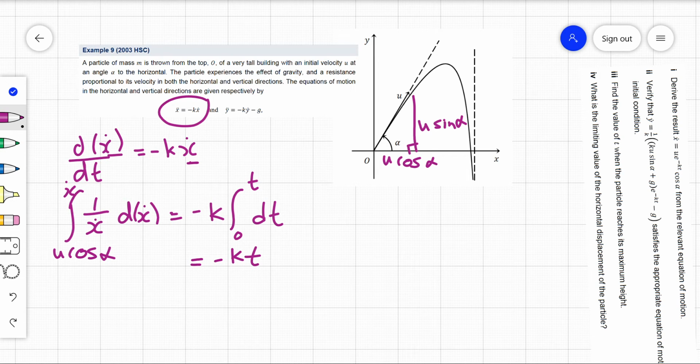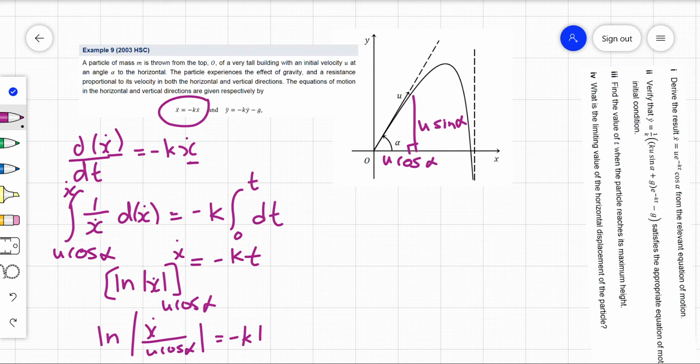On the other side, we are going to, of course, get log of x dot, and when we put that all in, we're going to have log of x dot between u cos alpha and x dot. So I'm going to get log of x dot minus log of u cos alpha equaling minus kt.